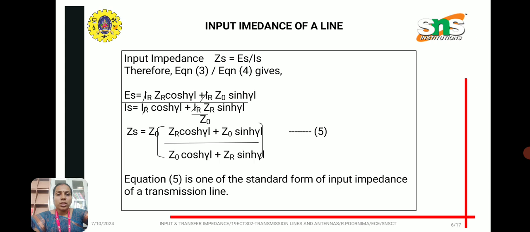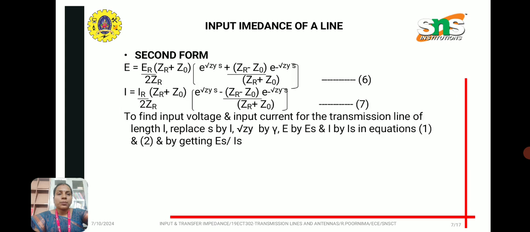In this equation, gamma is the propagation constant. Now the second form of input impedance. For this we take the standard forms of the voltage and current expressions in terms of impedance values. To find the input voltage and input current, we replace s by L, square root of ZY by gamma, E by Es and I by Is.